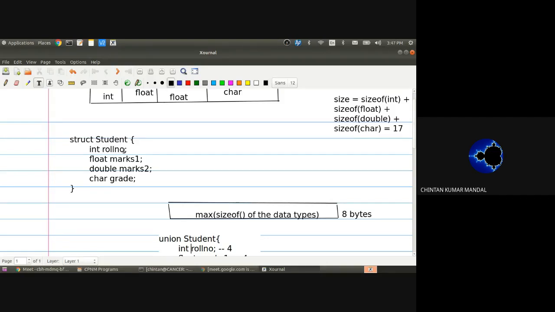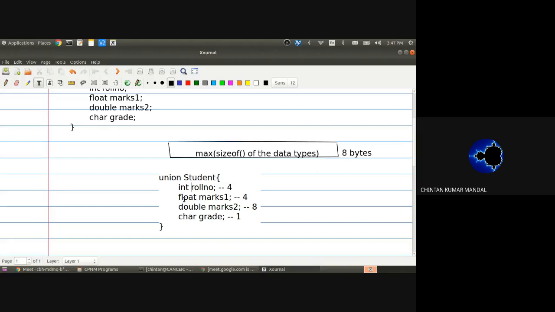So when all the values of the basic data types are available, I use a struct, and I can use a union when only any one of the data types is given to me. That is one way of seeing how I can work with a union and a struct. Am I clear on that part?